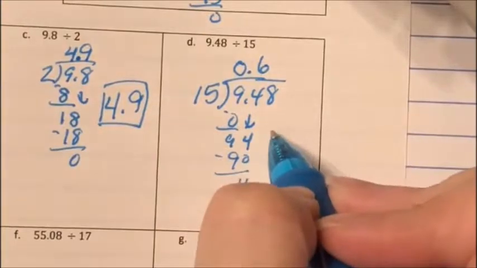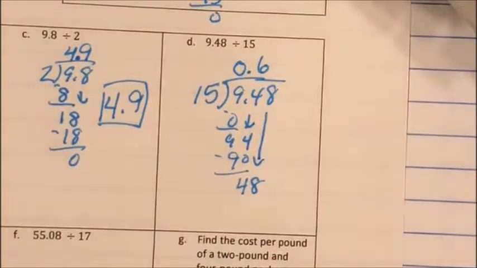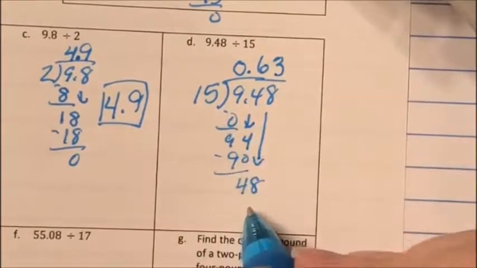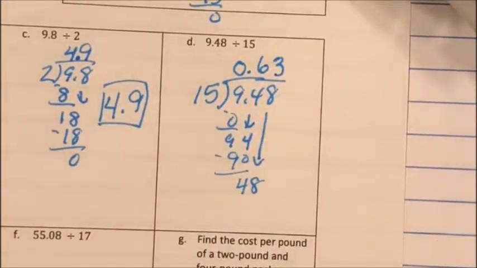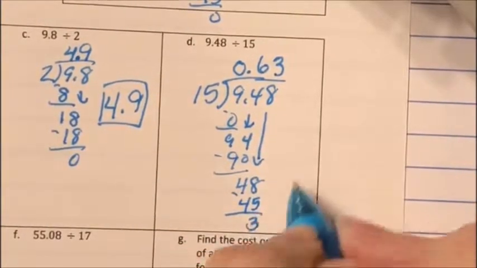Okay. I bring down my 8. 15 can go into 48 3 times. 3 times 15 is 45. I subtract and I get 3.